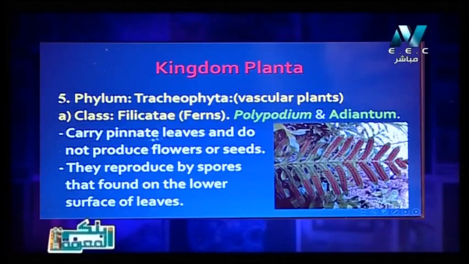They carry pinnate leaves and do not produce flowers, so we call them non-flowering plants. They don't have flowers and, of course, no fruits and seeds. They reproduce by spores found on the lower surface of the leaves. As you see in this picture, it's very clear and very beautiful.